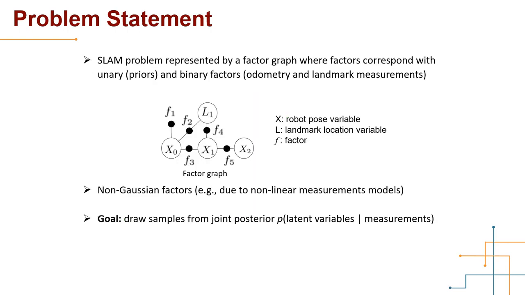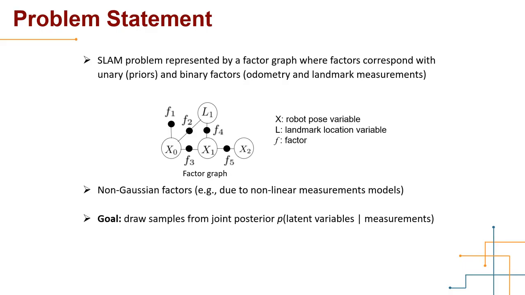We use a factor graph to represent a SLAM problem. The nodes with X or L denote latent variables such as robot pose or landmark location. The dark dots are factors. The unary factor F1 is a prior. The remainders are binary factors such as landmark measurement factors F2 and F4 and odometry measurement factors F3 and F5.